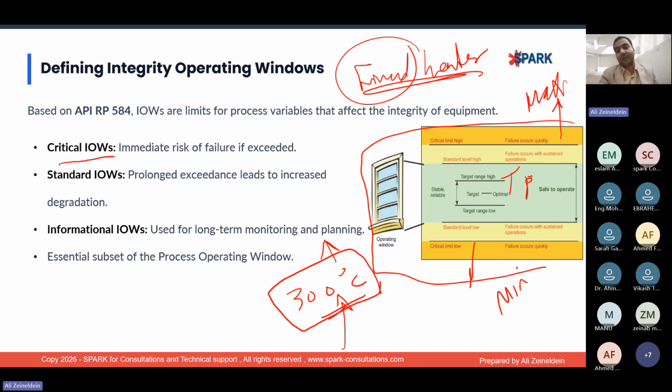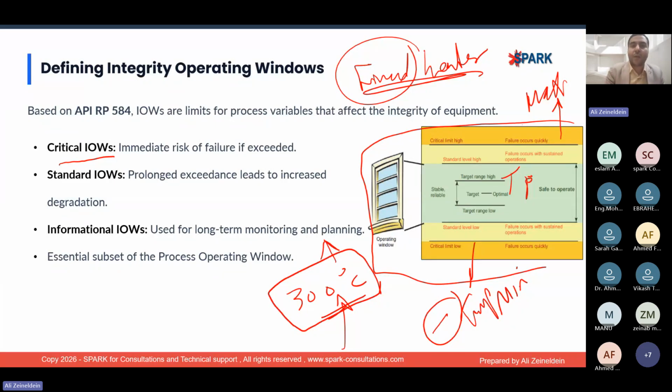Another example related to temperature: suppose we have a cryogenic medium or surface, meaning working at minus Celsius temperature. If the temperature is below this limit, the equipment is exposed to brittle fracture.